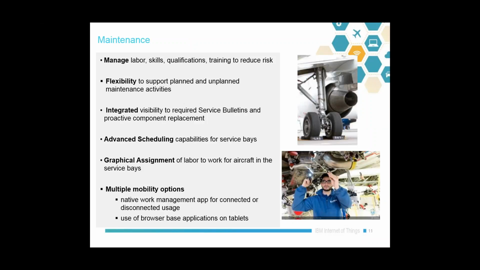Next chart, Chris. From the maintenance side, our initial focus around the product offering, as Chris mentioned, was that we came out with the maintenance, repair, and overall focused product in the June timeframe.